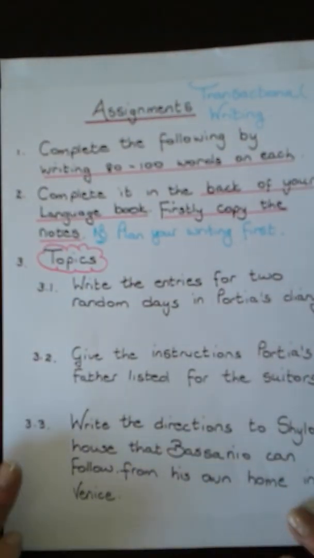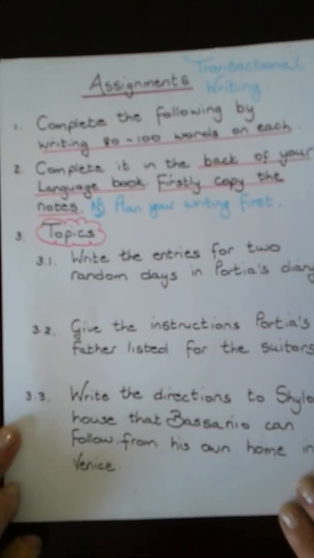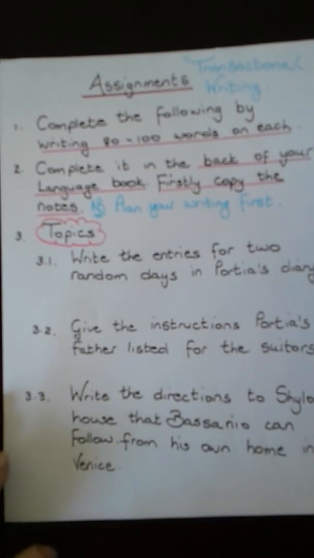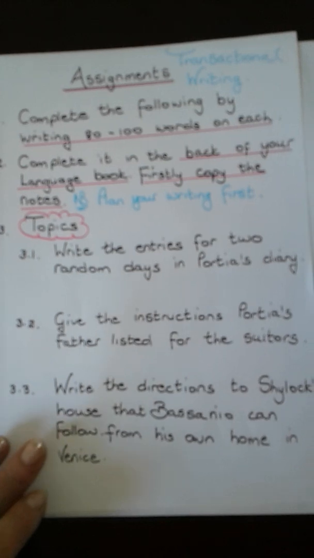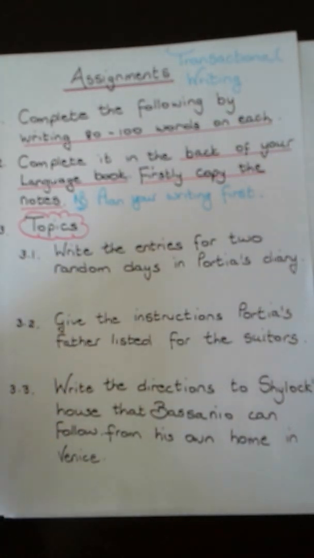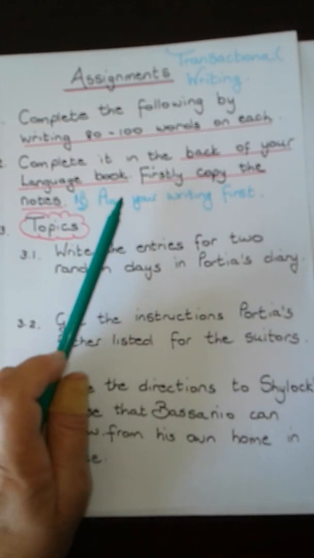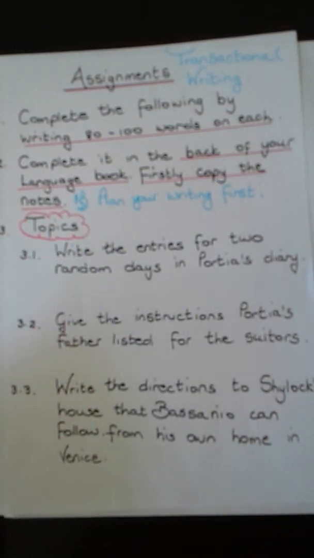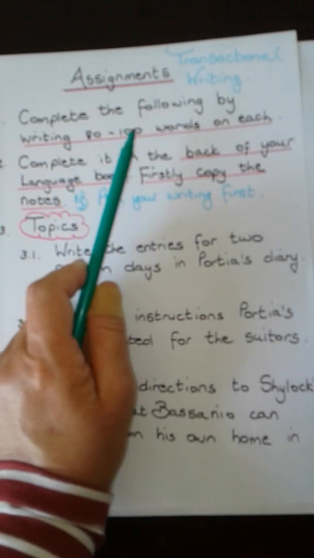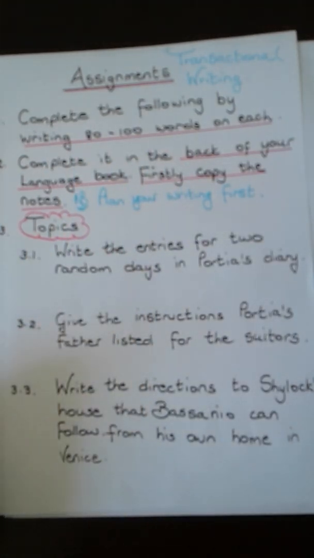Now I would like you to try your hand at the following, please. After you have copied these notes, of course, in the back of your language book. First copy the notes, and then you will plan your topics and write 80 to 100 words on each of them.